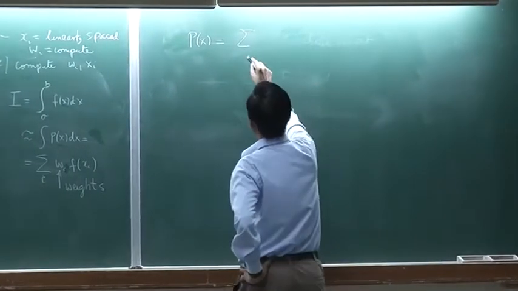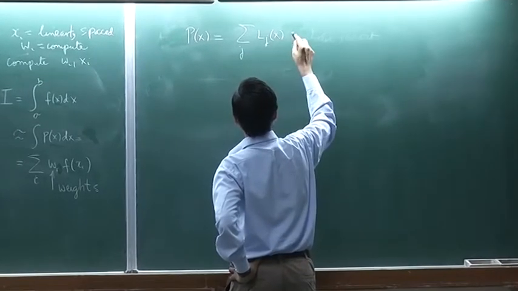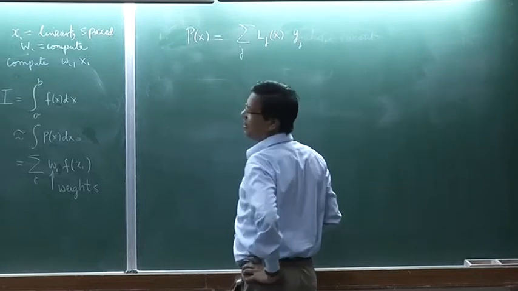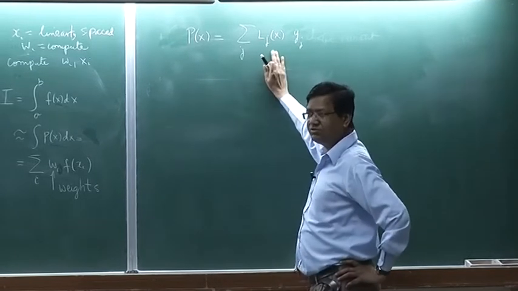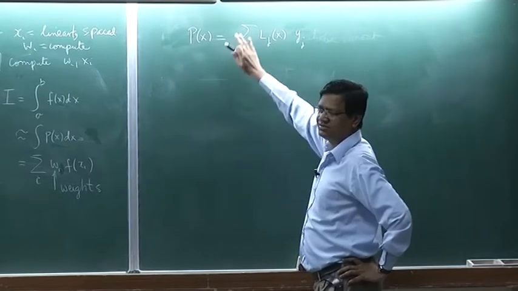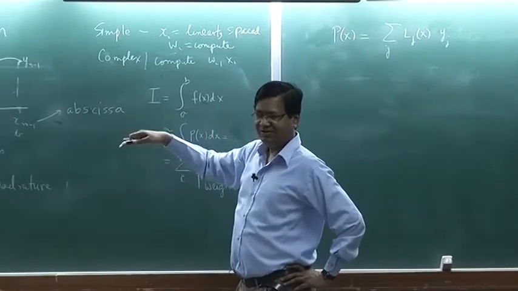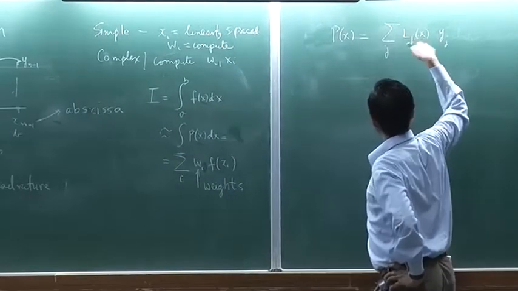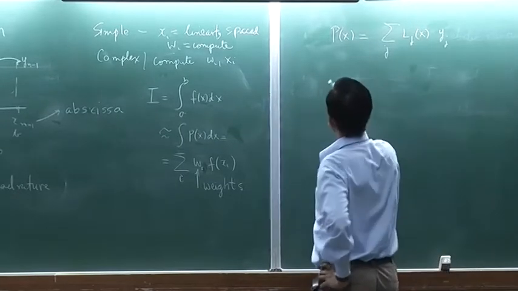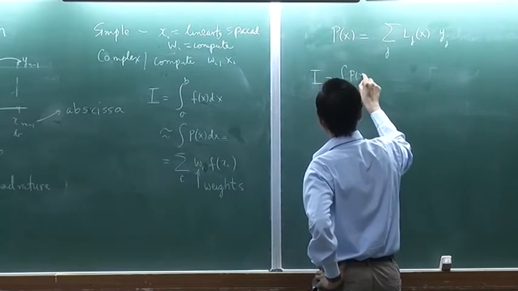So we write this as sum over j of Lj(x) yj. So this is a function of x. Of course, it involves also xi's, but there is no y dependence. So once I fix x's, then this is independent of y's. Now to get the integral, I want to approximate I, the integral of p(x) dx.